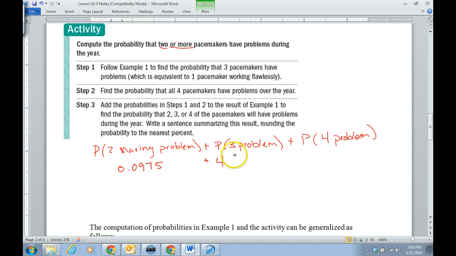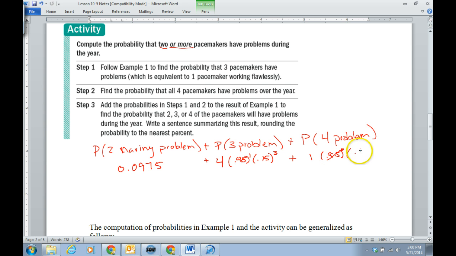P to the 1 of being successful, right? So it would be 0.85 to the 1st power and 0.15 to the what power? 3, okay? And the probability of all 4 of them being a problem, the coefficient for that was what? 1. And then this will be 0.85 to the 0 power, which goes away to a 1, right?